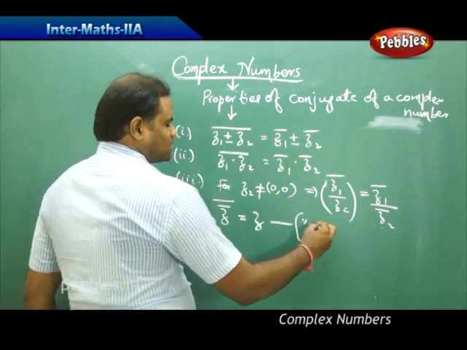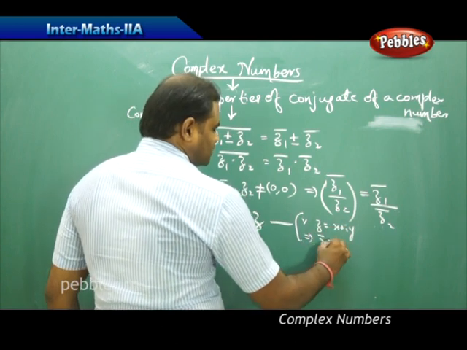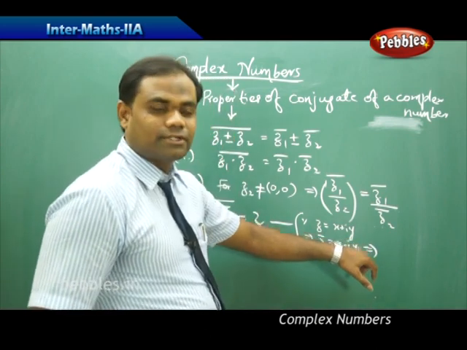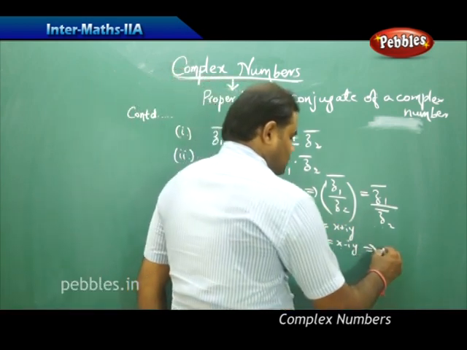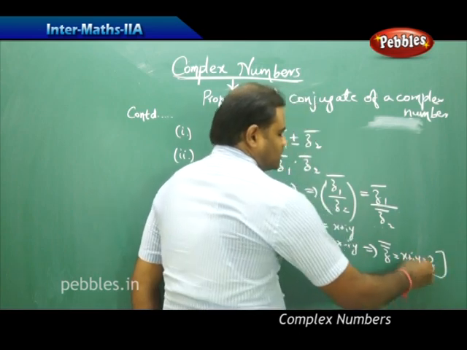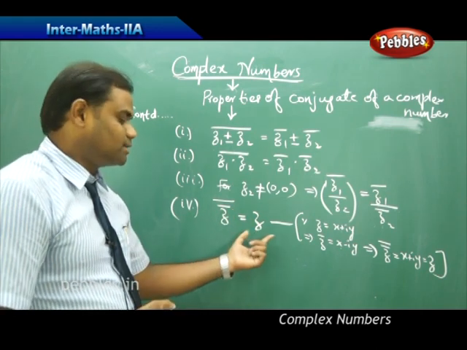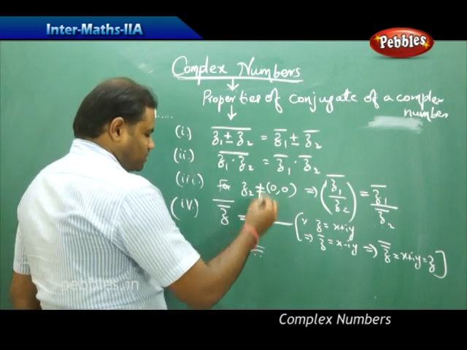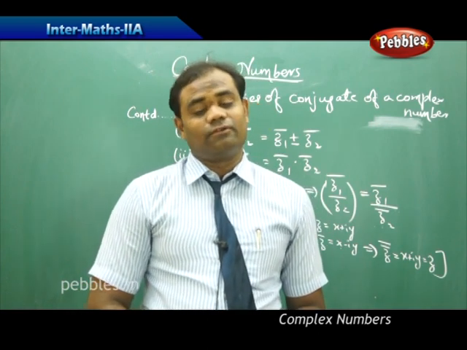This is because if I take, for example, x plus iy, then its conjugate is x minus iy, and if I want to find the conjugate of this, I replace i with minus i and get back z. So the conjugate of z bar is again x plus iy, which is z. So these are the various properties through which we try to solve various problems connected with the conjugate of a complex number.